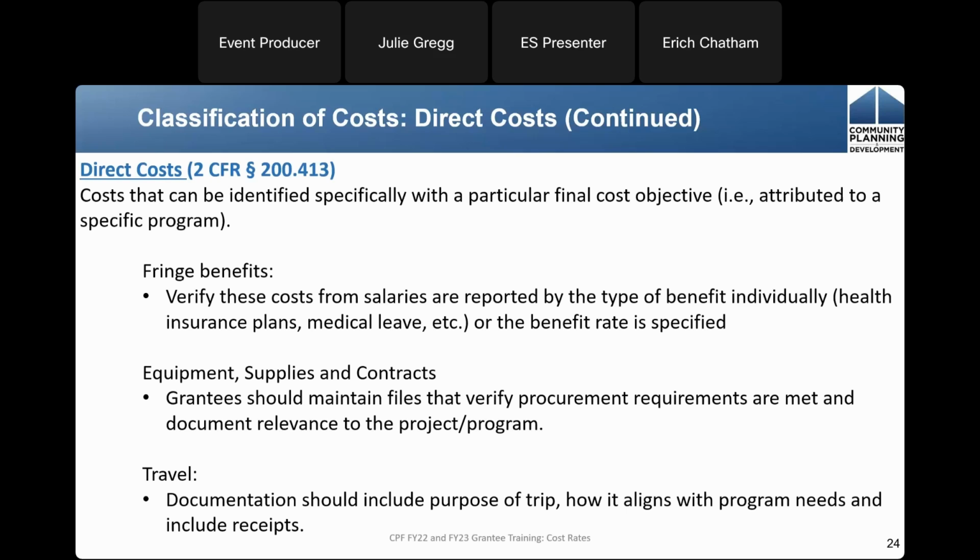Travel cost can also be direct cost, and if that's the case, you need documentation to include the purpose of the trip and how it aligns with the program needs, and then of course include receipts for things like rental cars, airfare, hotel, per diem for meals and incidentals, etc. Next slide, please.